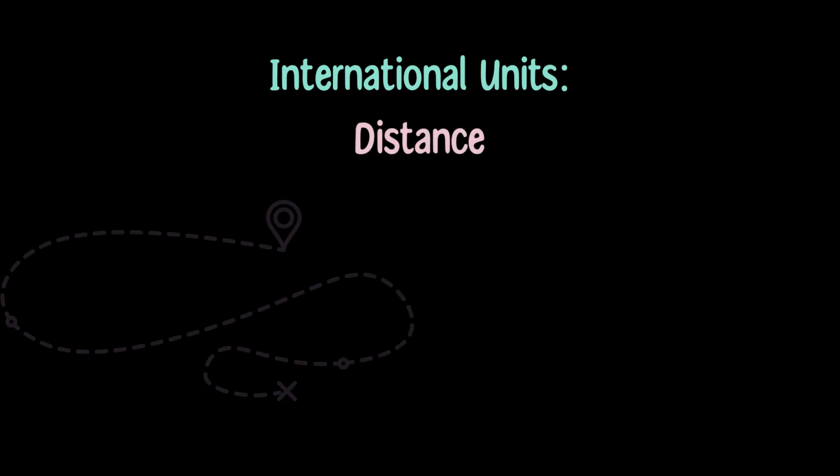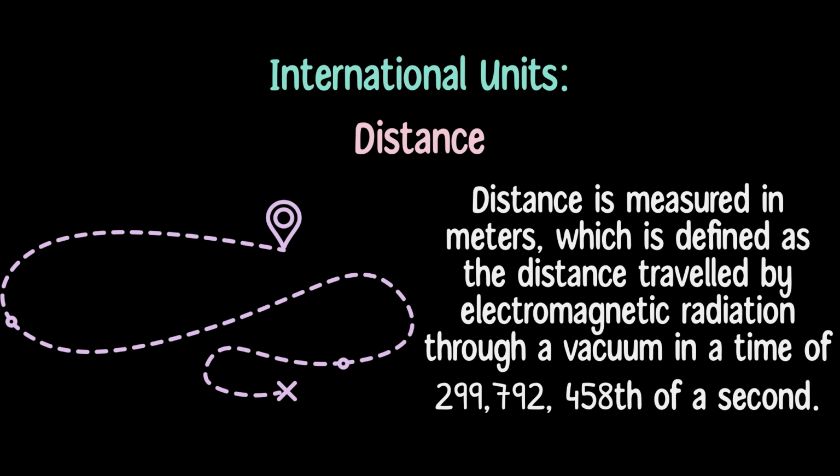Take the meter, for example. The first definition of the meter was that it was 1/10 millionth of the distance measured from the North Pole to the equator, which we now know is not very accurate. The meter is now defined as the distance traveled by electromagnetic radiation through a vacuum in 1/300 millionth of a second, because, they didn't want to complicate things too much.